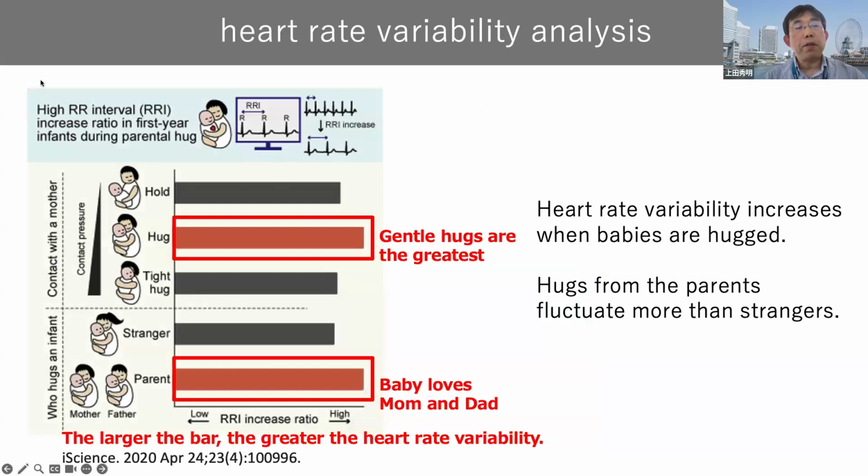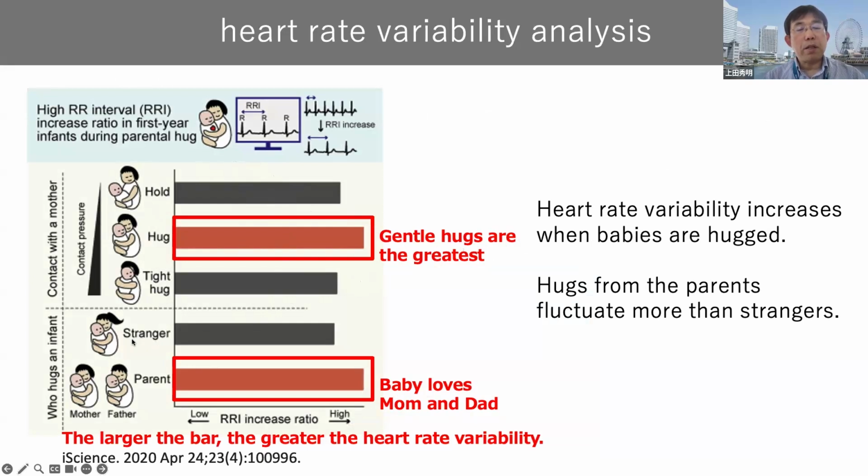And here there is a picture showing the heart rate variability analysis. As you can see, when mothers hold the babies with a tight hug, there are no large numbers shown, but the gentle hug shows the best effect for those babies.